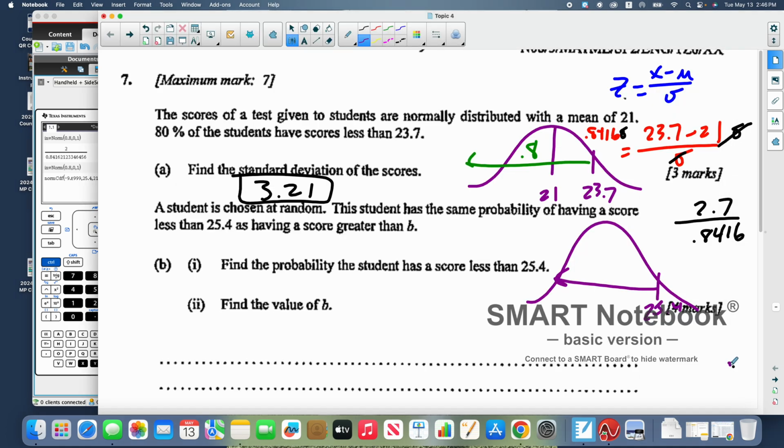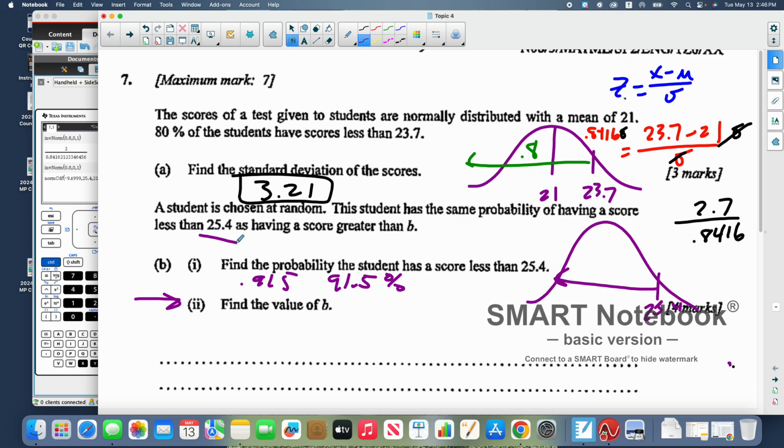However, you still could have gotten this one right if you didn't get that correct. What's the value of that? Anybody got a thought? You just subtract it from the mean and you get the negative.